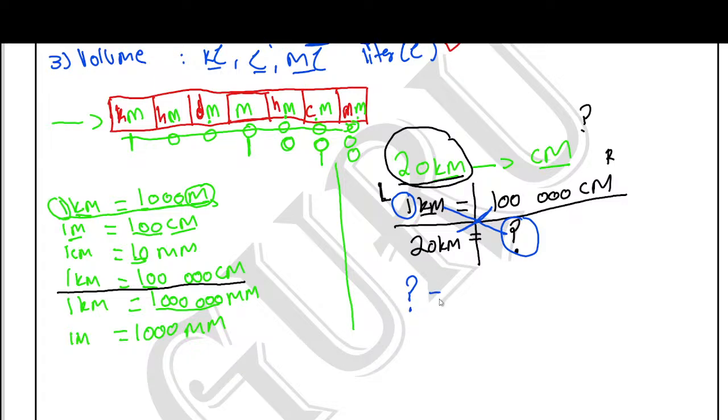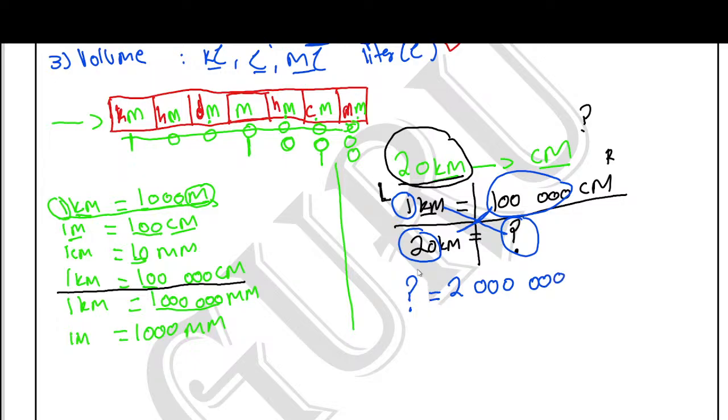That is equal to 20 multiplied by 100,000, which is 2 million.